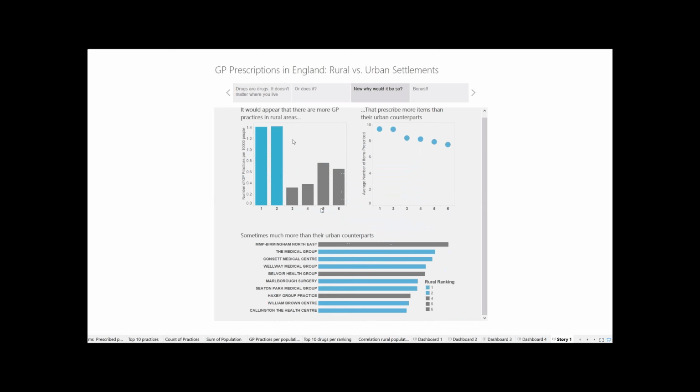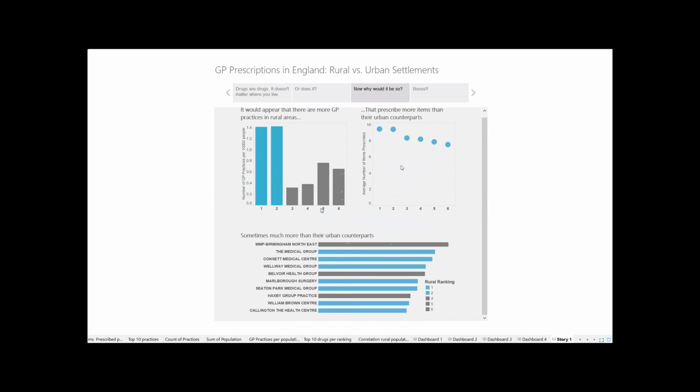Not only that, but it would appear that GPs also tend to prescribe more with each order. So basically, you go there, and not only will you have your prescription, but you might actually have a prescription for more items, rather than if you just went to a city GP.